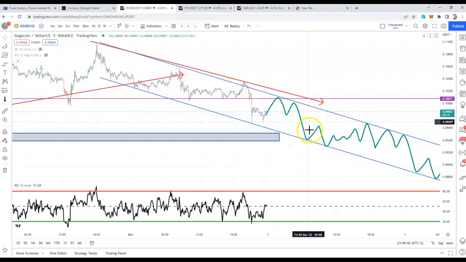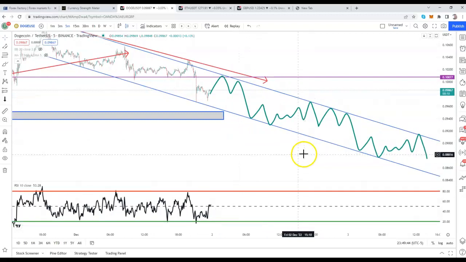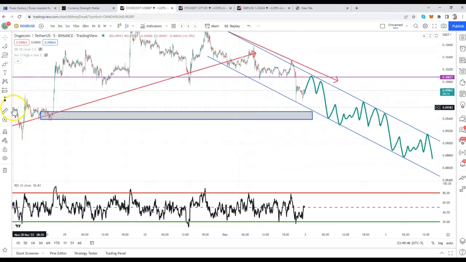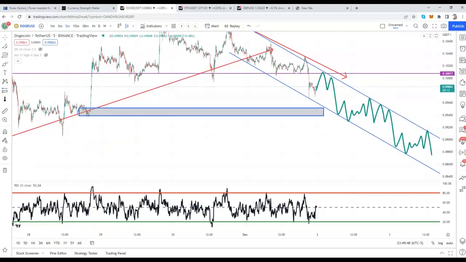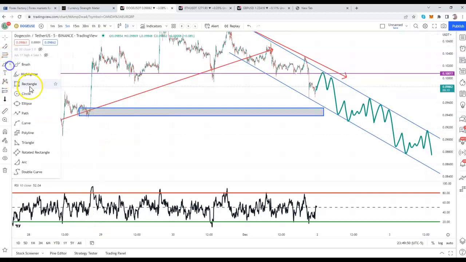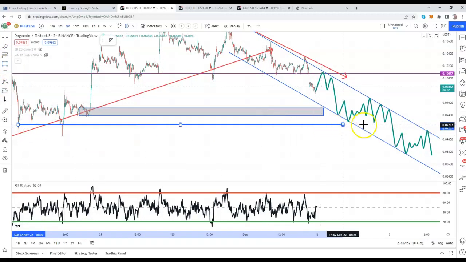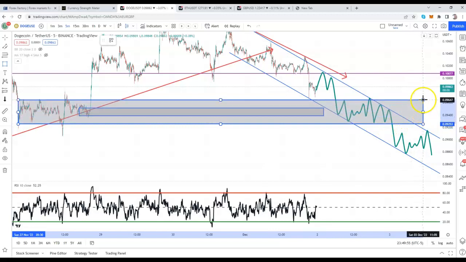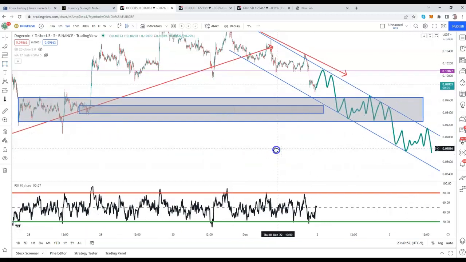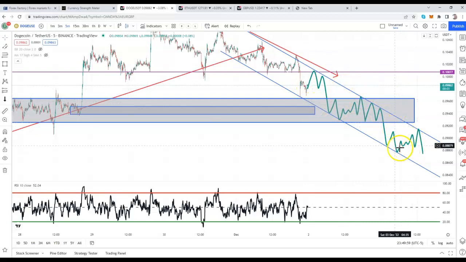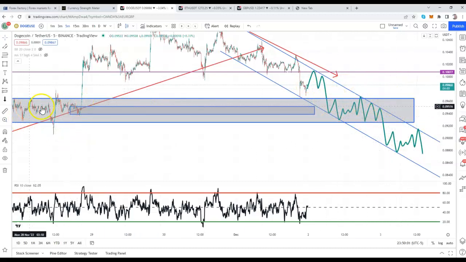and then if it continues, wait for a significant break of structure. So for example, if this area here, which is crazy because if you guys saw how I did that channel, I had no clue that this area was going to be a resistance area.